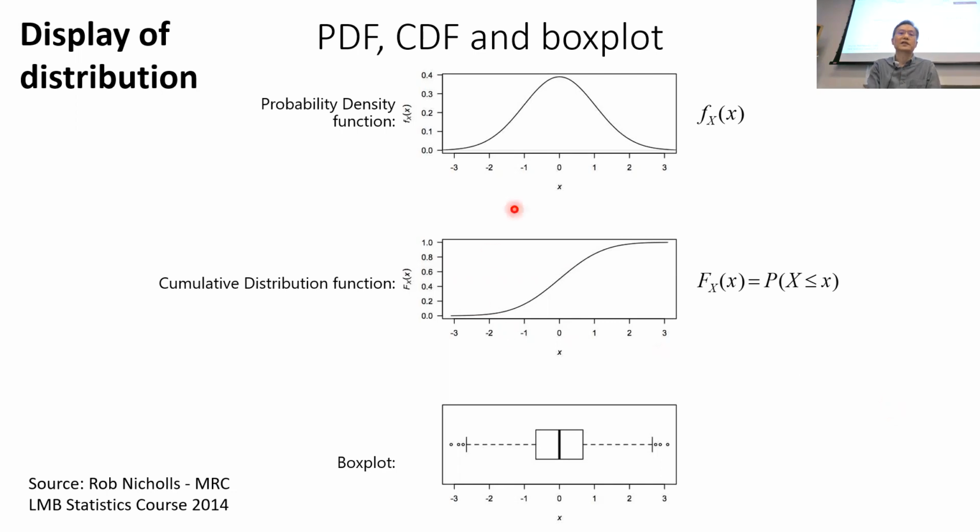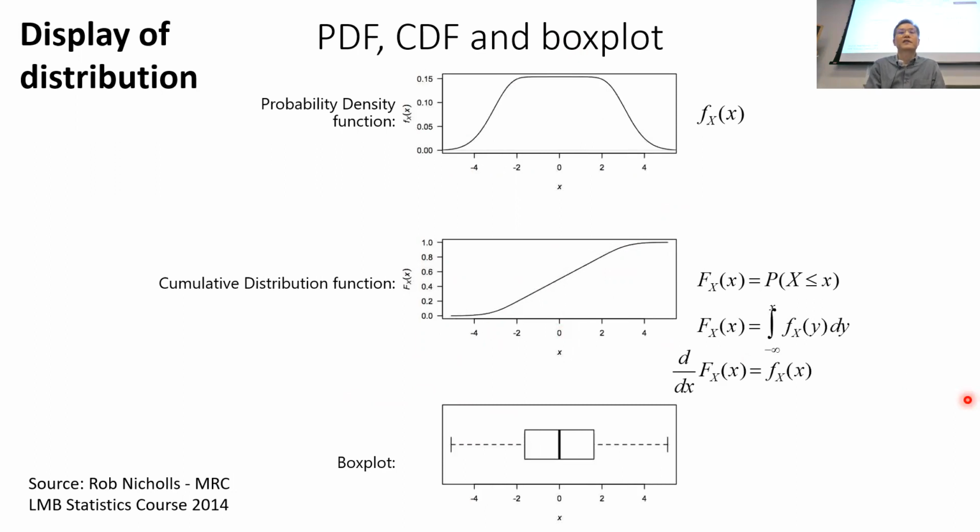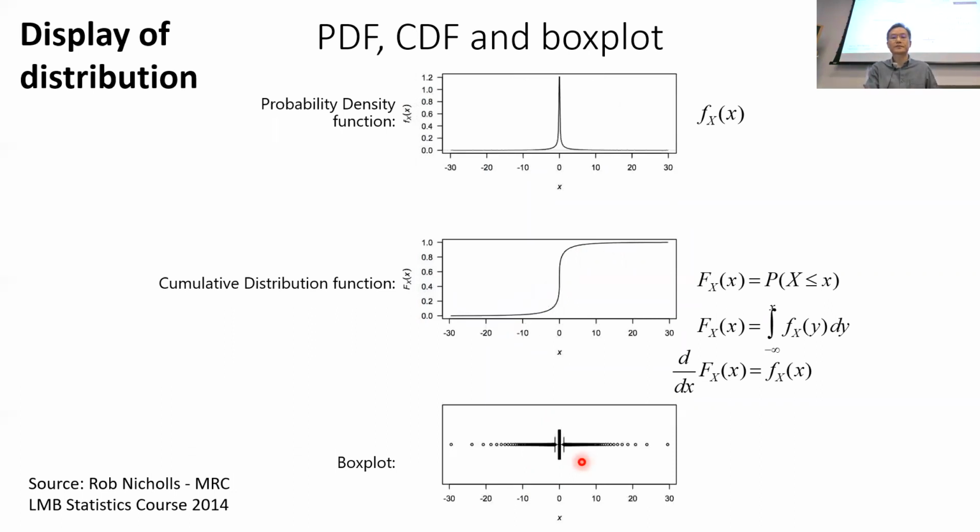If you have a PDF in this shape, you have a CDF in that curve, and you have a box plot. And if you have a PDF with this plateau on the top, then your CDF will have a long slope here, okay? And you have a wider distribution in the middle with a wider box, more data points in there.